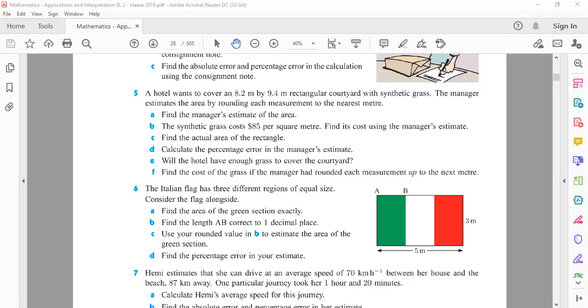Wait one second. So you have to round it off, right? It's 72. Yeah, right. 72.